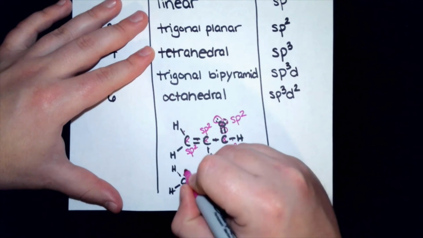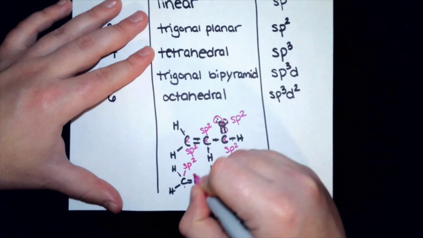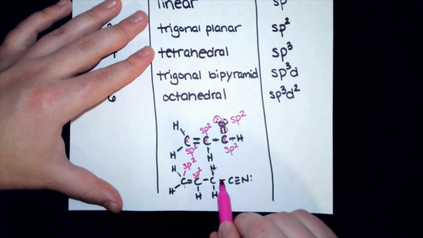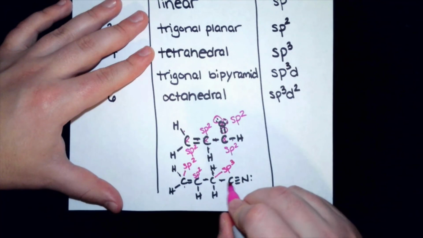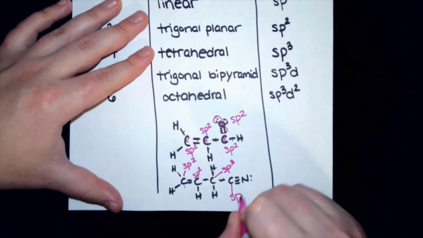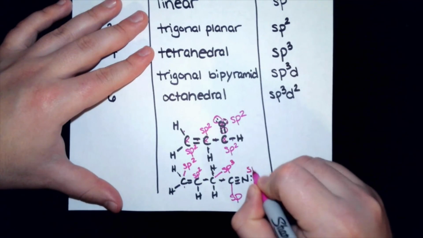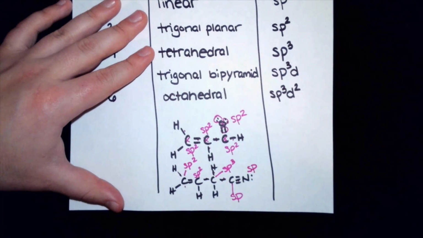So this carbon is sp2. This one is also sp2. 3 bonds. This carbon has 1, 2, 3, 4 domains. So that carbon would be sp3. This carbon has just 1, 2, because that's a triple bond right there. So that would just be sp. And the nitrogen would also be sp. And that is how you can determine the hybridization for molecular orbitals.